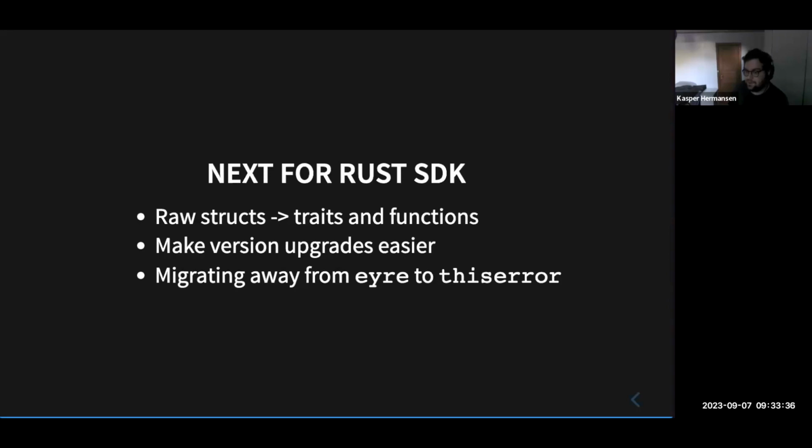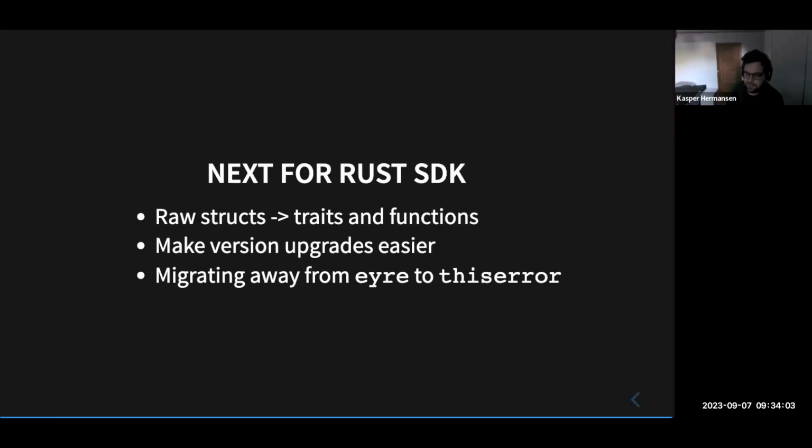This is because right now it's very difficult to move between Rust versions because we have a hard dependency that all the libraries you have need to be on exactly the same versions. And I'd like to make that easier so you can support a range of versions instead of everyone having to be on 0.3.1. And exposing raw structs in Rust makes that very difficult, especially with the SDK.